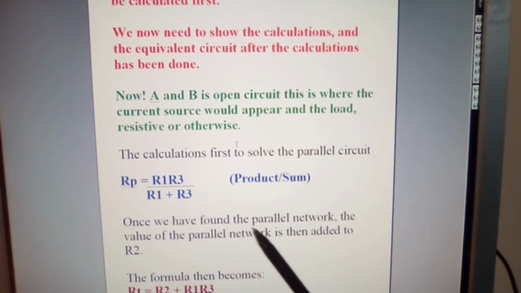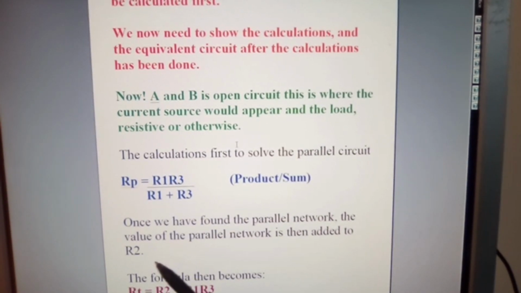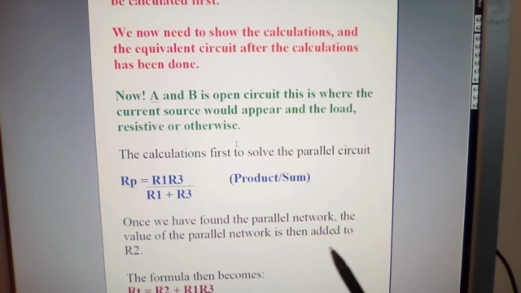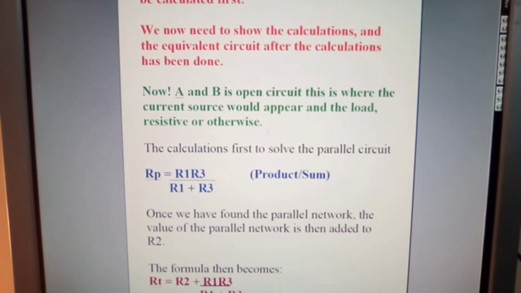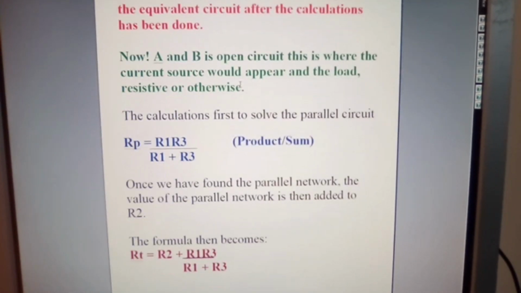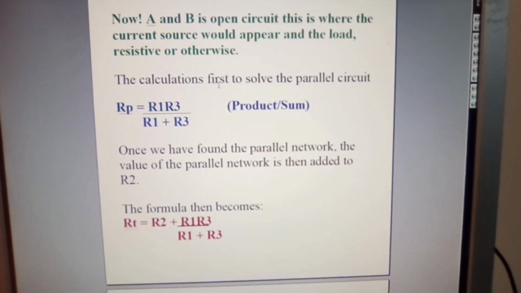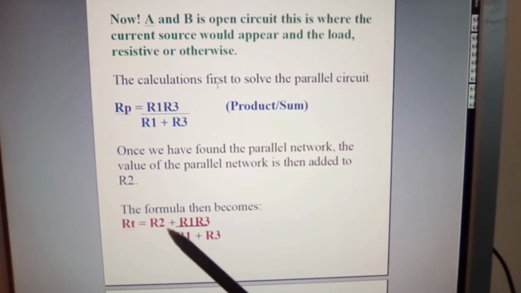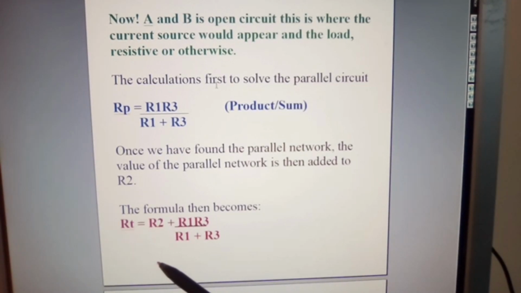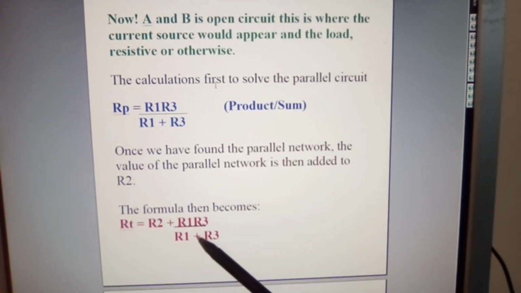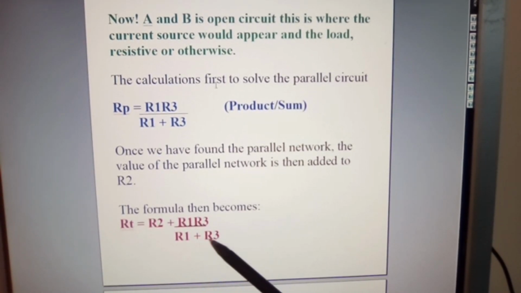Once we have found the parallel network, the value of the parallel network is then added to R2. The formula then becomes RT equals R2 plus R1 times R3 over R1 plus R3.